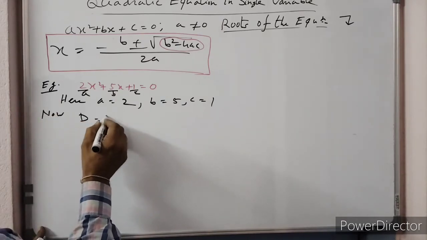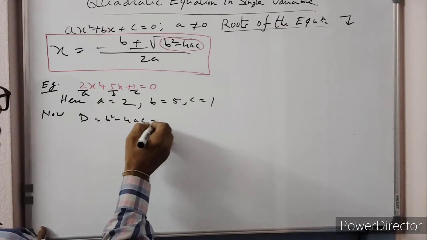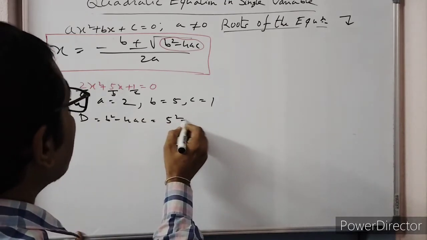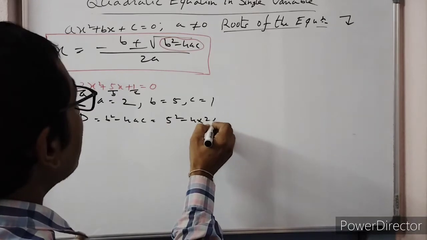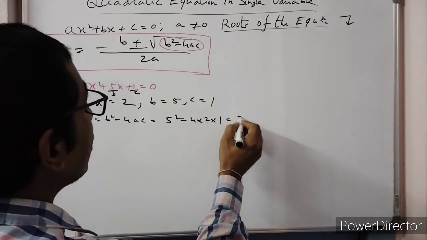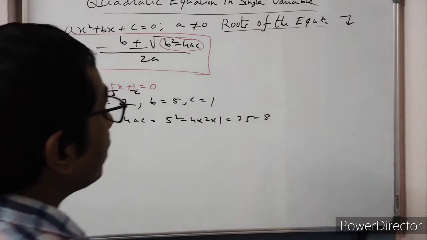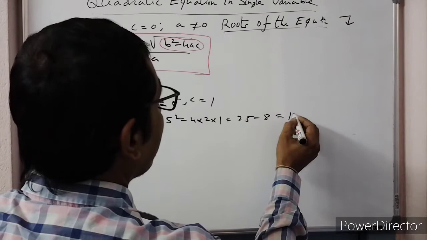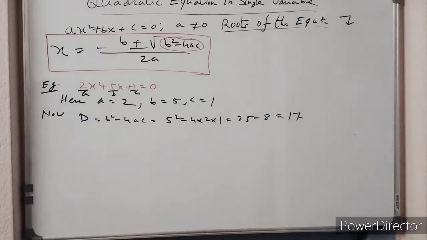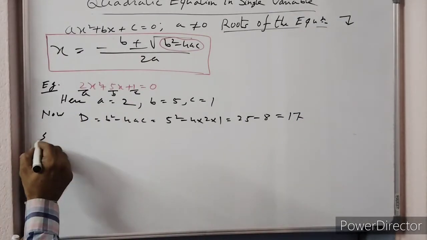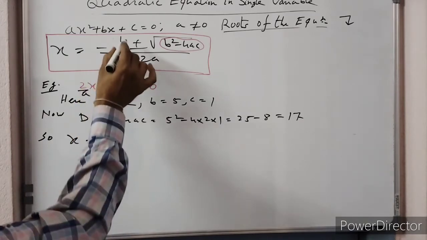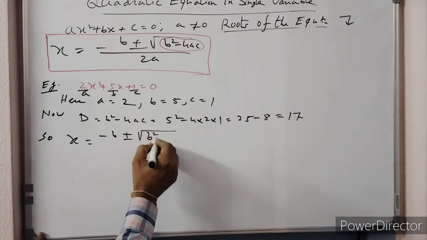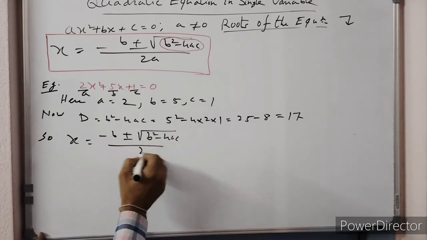Now D, that is b square minus 4ac, equal to 5 square minus 4 into 2 into 1. 25 minus 8, that is 17. So x equal to minus b plus minus root over b square minus 4ac by 2a.